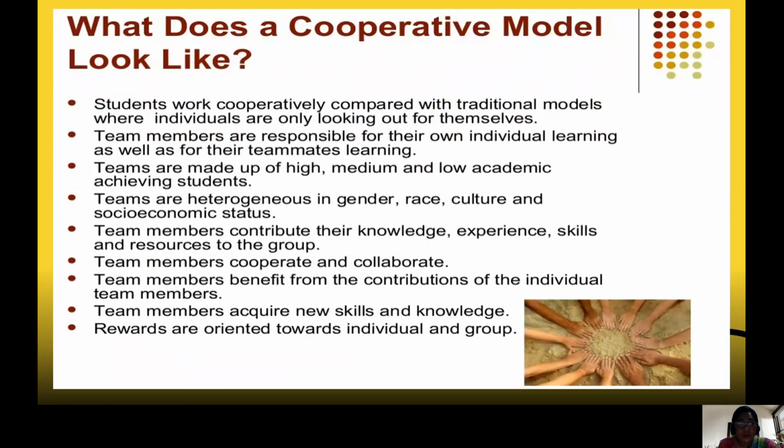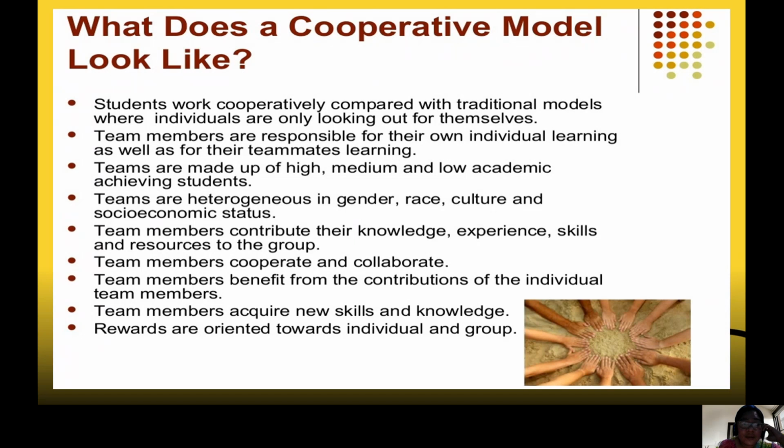Next, what does a cooperative model look like? In this model, students work cooperatively, compared with traditional models where individuals are only looking out for themselves. From the word itself, cooperatively, there should be groupings rather than individually doing a certain work.